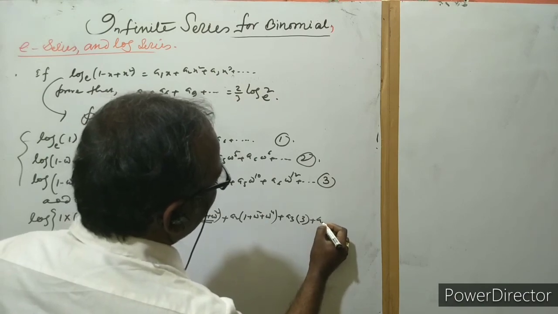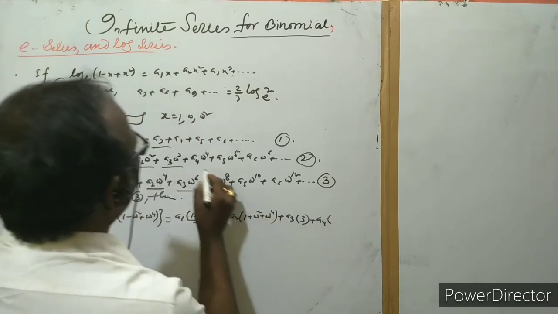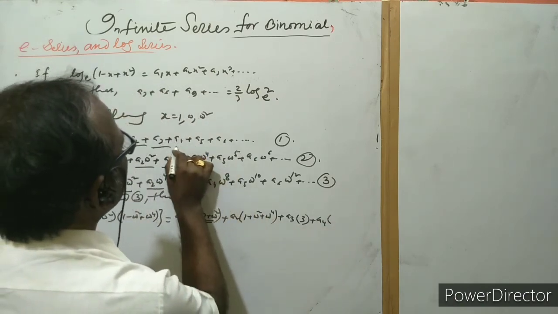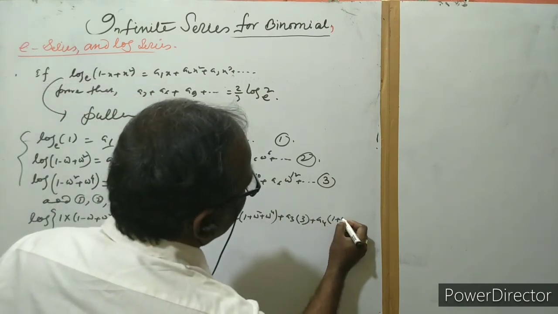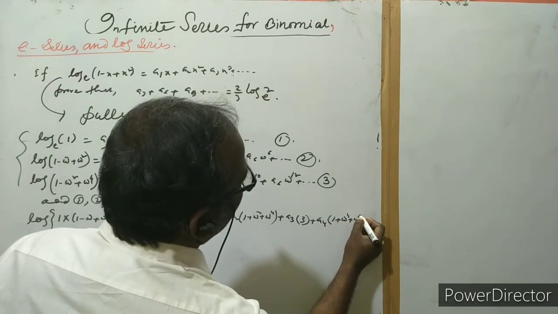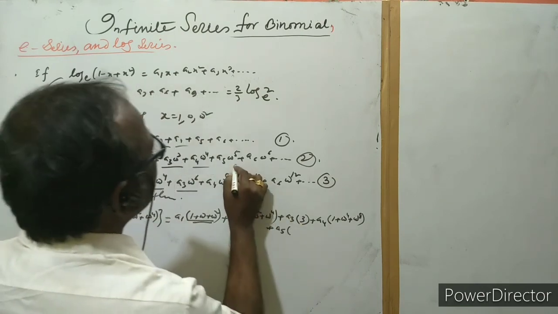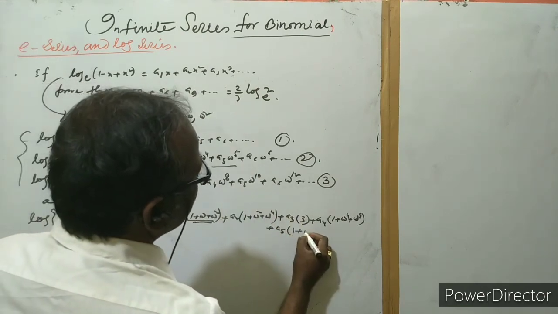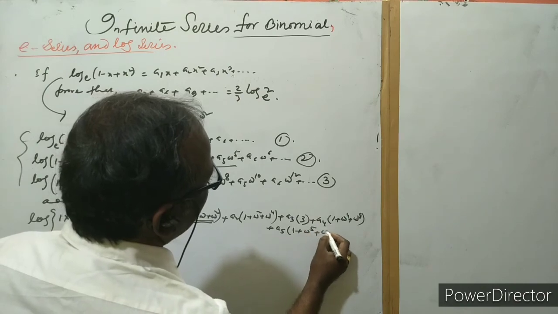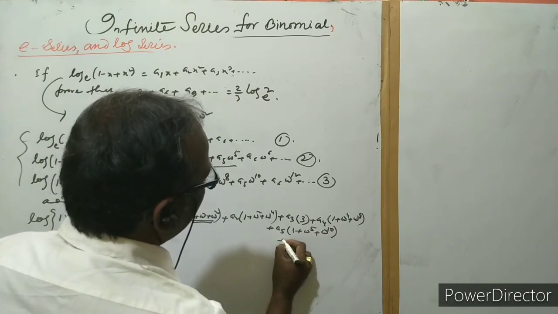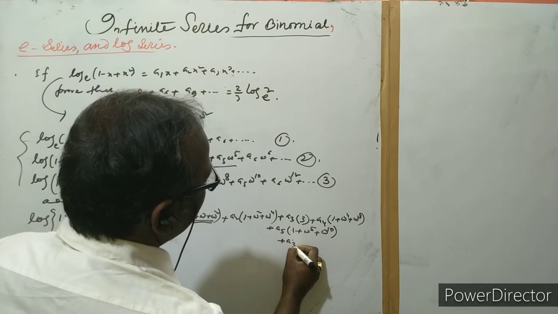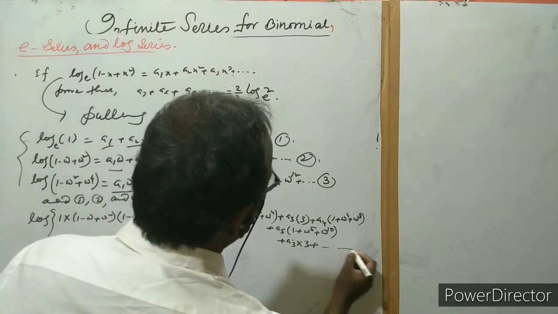Same as a4: see, a4, this is 1, omega to the power 4, omega to the power 8. a5, this is here 1 plus omega to the power 5, omega to the power 10. a6, and this is 3. Okay, and so on.